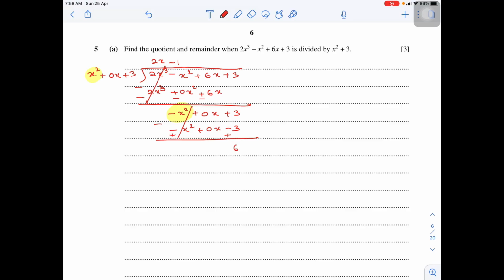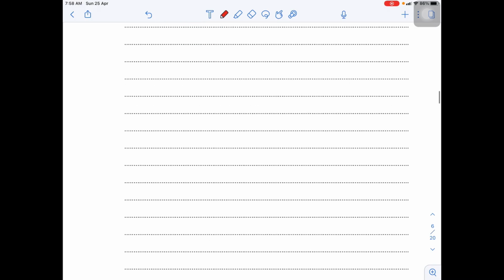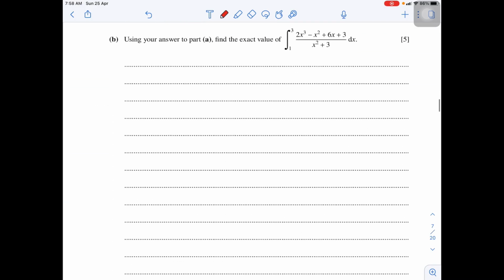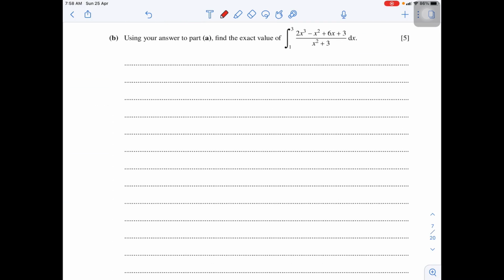So that's negative x squared plus 0x minus 3. Subtracting, that becomes 0 and that's 6. So the quotient is 2x minus 1 and the remainder is 6. Let's try part B now.